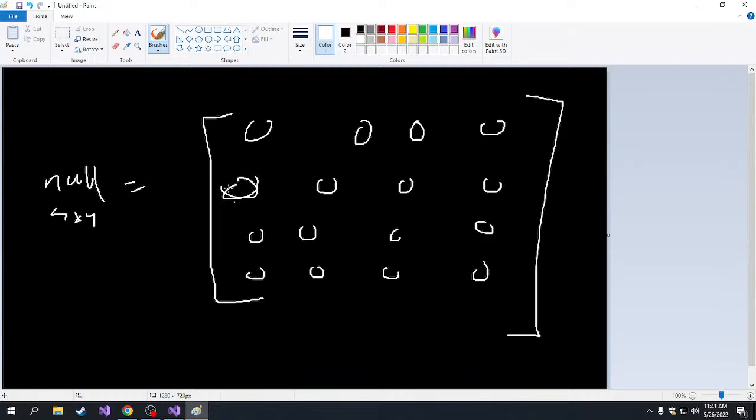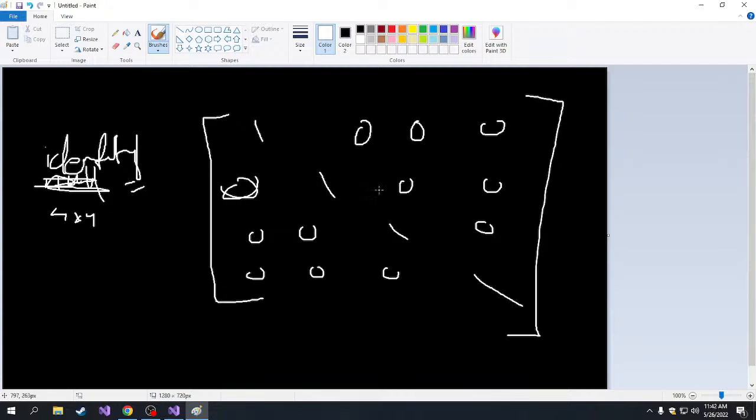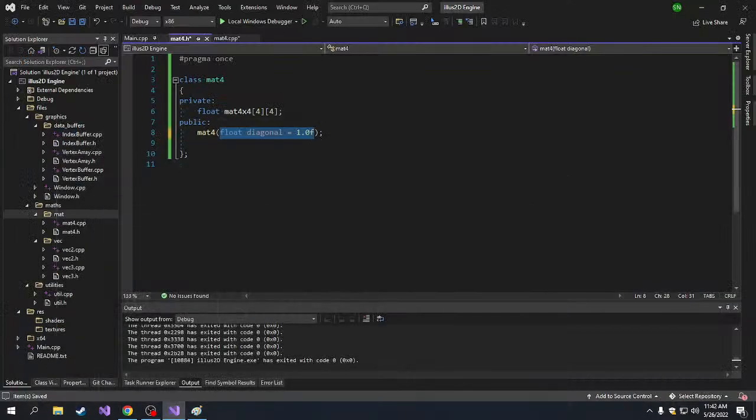And an identity matrix is the matrix whose diagonals are 1. The matrix whose diagonals are 1 is an identity matrix, and the matrix with all the elements 0 is a null matrix.